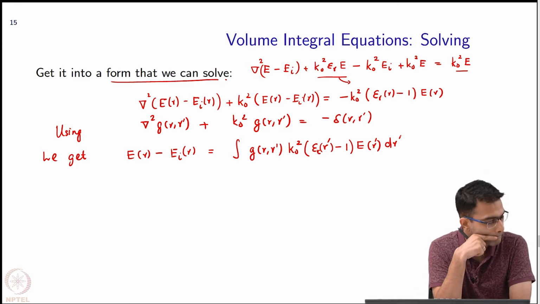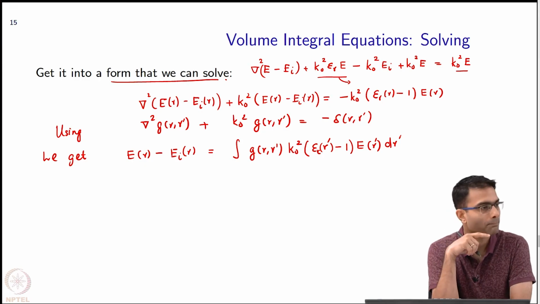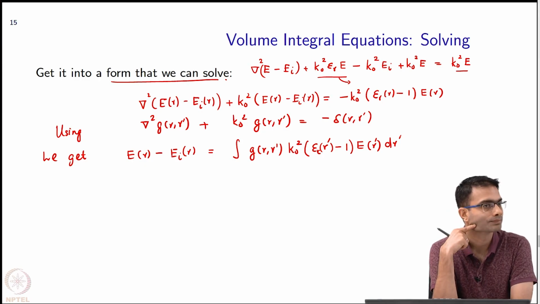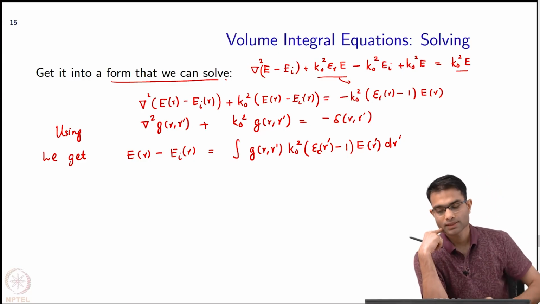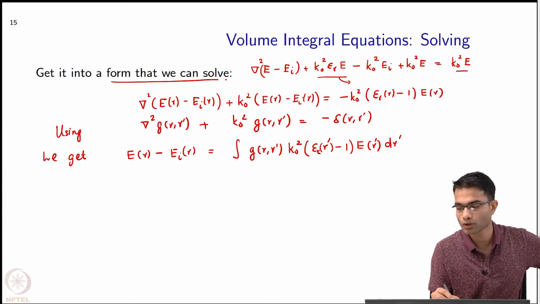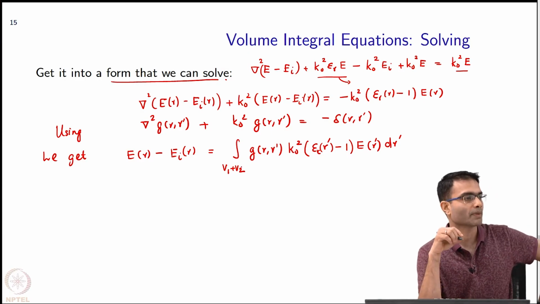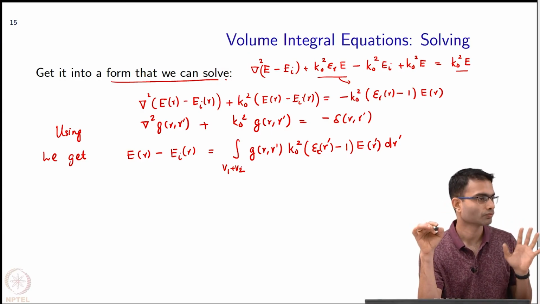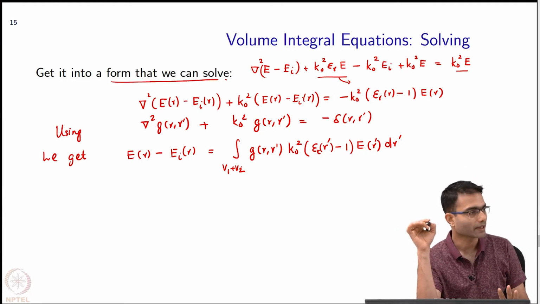Is that fine? And the region of integration is going to be the full volume V1 plus V2. That makes it most general. This is the expression that we get.